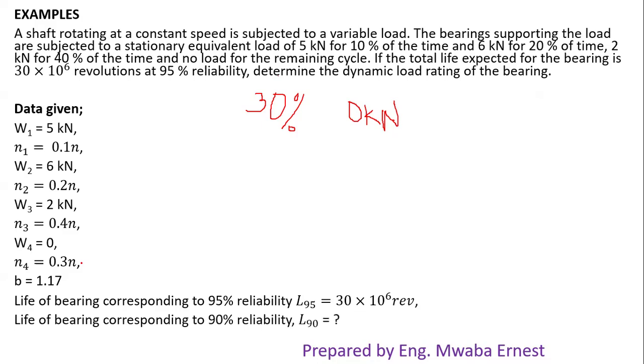Now let's find the life of the bearing at 90% reliability, as per standard, because this is the one we usually pick when determining. So L90, like you saw in the formulas, is one of those. Where we had L, we'll put L95, then L90 will be put into question.